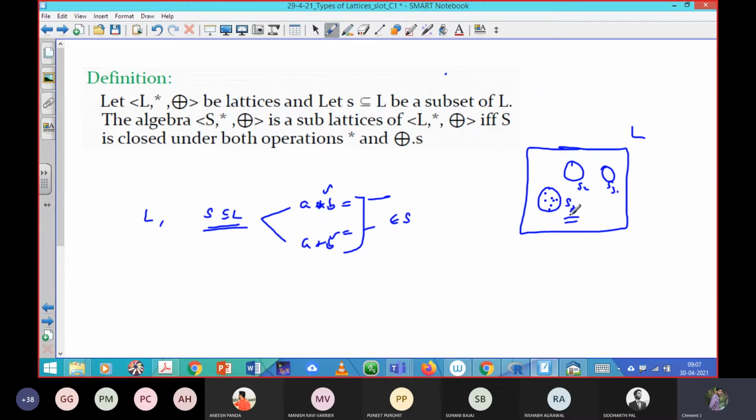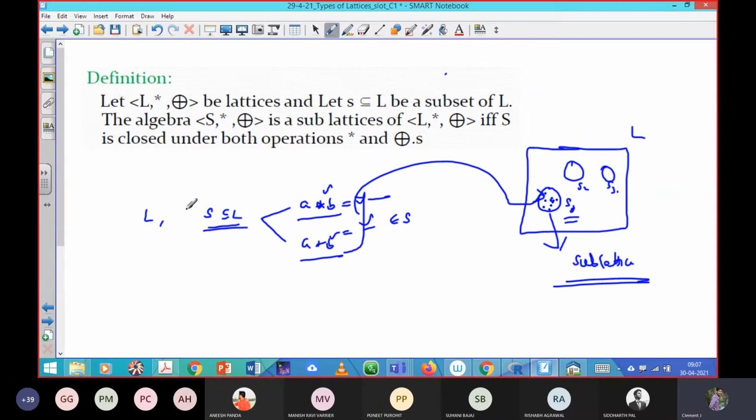What does the closure property say? If you pick any ordered pair from the subset, it should satisfy A star B and A plus B. Whatever answer you arrive at should lie in the same subset itself. Then the subset is called a sublattice. Have you understood now? Is it clear?